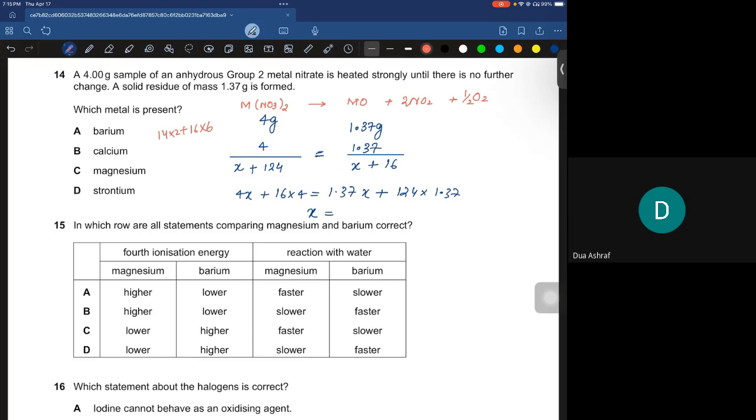Then you would know what the element is. So what's the answer? It's 40. Of course, calcium is 40. Simple.